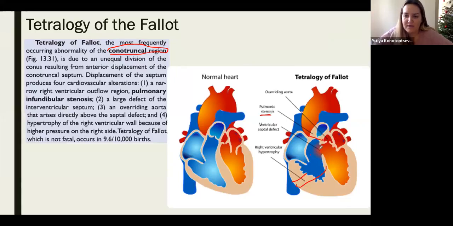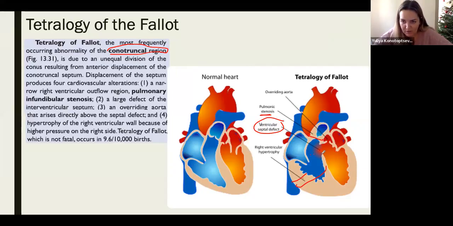The third thing is that we have a ventricular septal defect. To be more specific, the membranous part is absent, right? So now there is a window of communication between the right ventricle and the left ventricle. You can see that the muscular septum is still there because it was part of the bulboventricular sulcus, right? So it doesn't go anywhere.